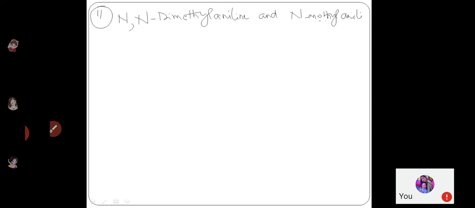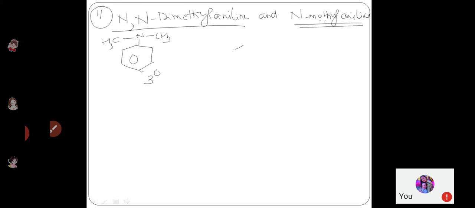For this, again you need to draw the structure of aniline. This is your benzene ring and NH2. But here there are two methyl groups, so two hydrogens will get replaced by methyl CH3. So this is your 3 degree. Then N-methyl aniline.